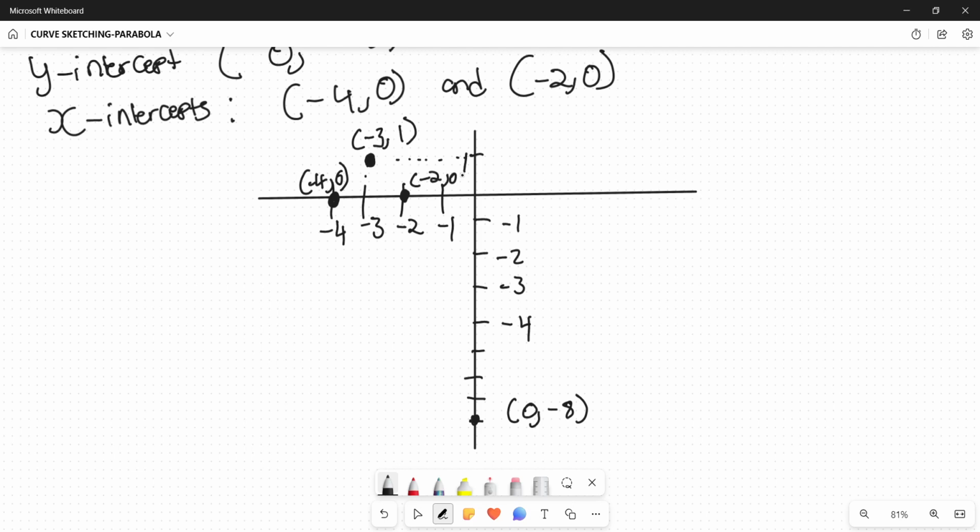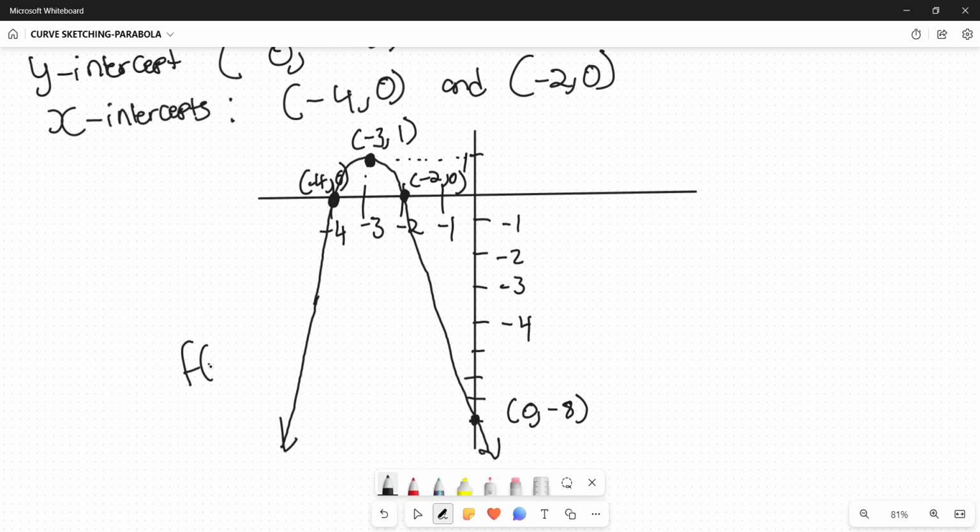So now we have plotted our points. Now we can join them smoothly. This is how our parabola will look like. So now this is our parabola.